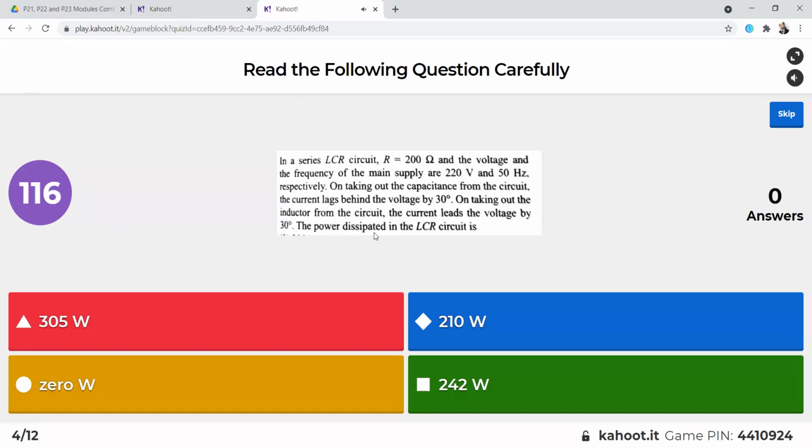Okay, here we will find the power dissipated. All other guys should give me the answer in the chat.